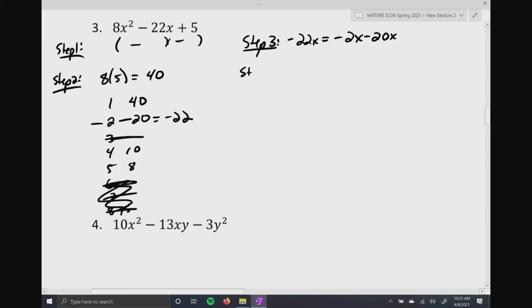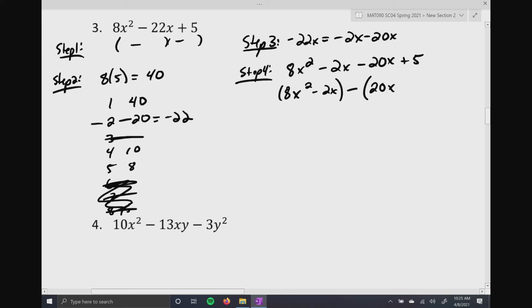So now step 4. Let's go ahead and finish. Let's rewrite it: 8x squared minus 2x minus 20x plus 5. Now we're going to group. 8x squared minus 2x. Minus sign in the middle, so let's make sure we switch the sign on the inside.